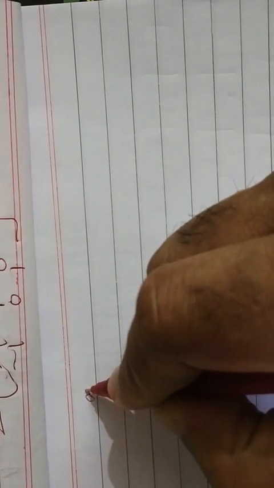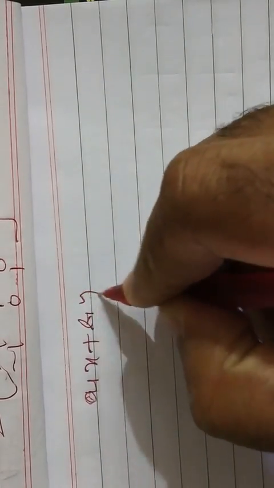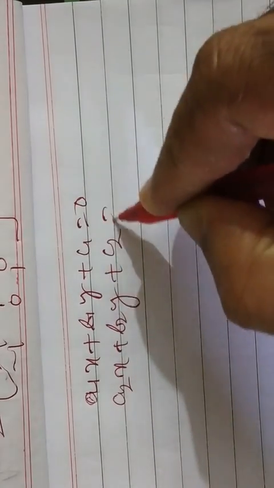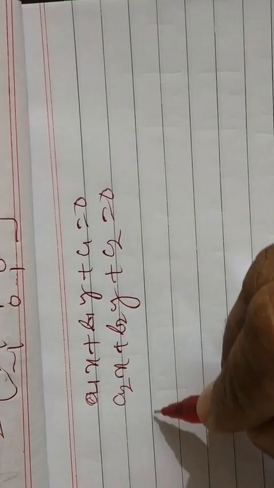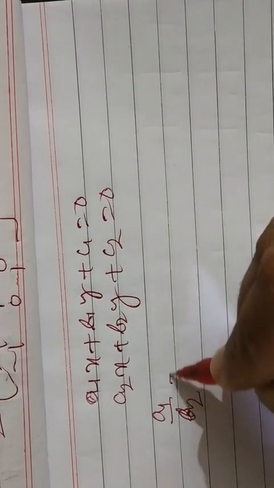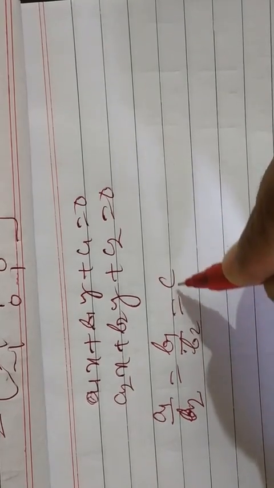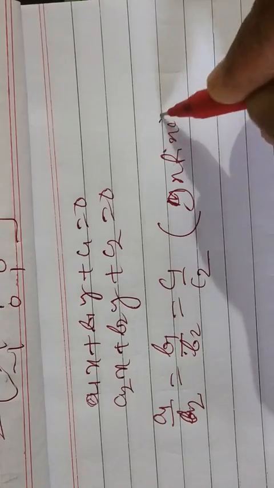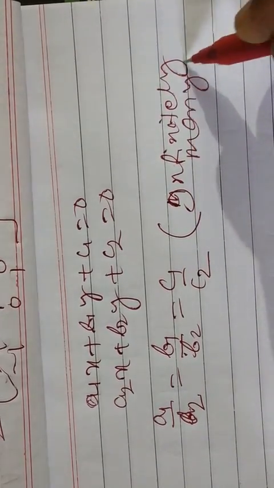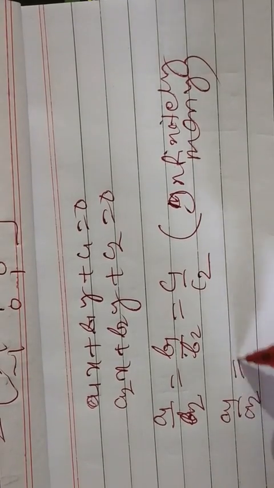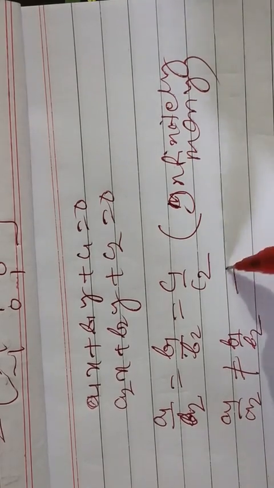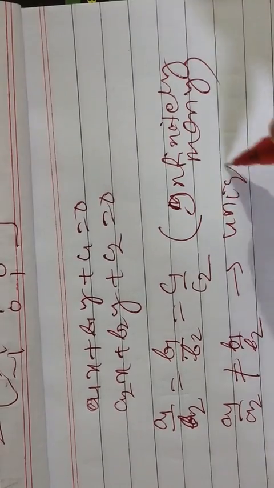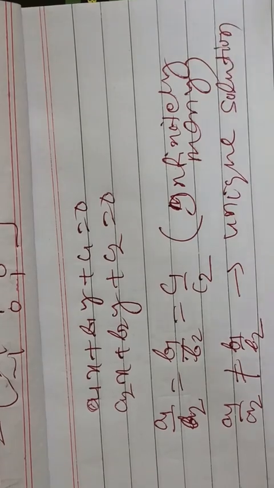In your class 10, the system of linear equations in two variables, a1x plus b1y plus c1 equal to 0, a2x plus b2y plus c2 equal to 0, has a solution when a1 by a2 is equal to b1 by b2 equal to c1 by c2 for infinitely many solutions, and a1 by a2 is not equal to b1 by b2 for a unique solution.